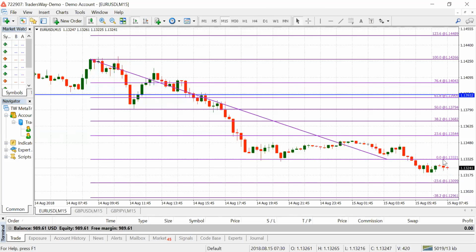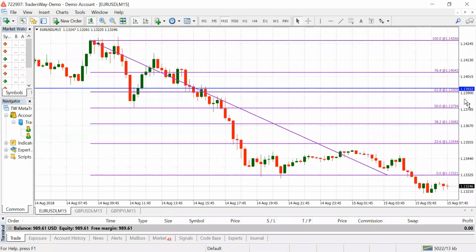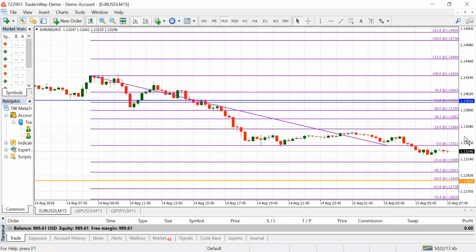So even if it were to break the 0.0 resistance line, from what this pattern is telling me right here, it doesn't mean that it's going to hit this 23.6. So that's about 22 pips. For me, this is out of my trading hours, so I'm not looking for a trade right now.